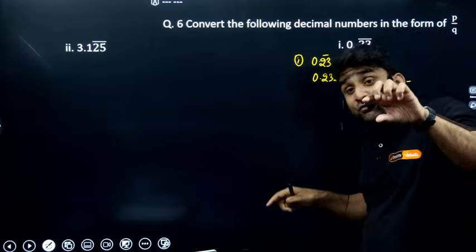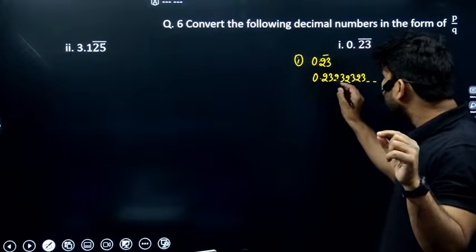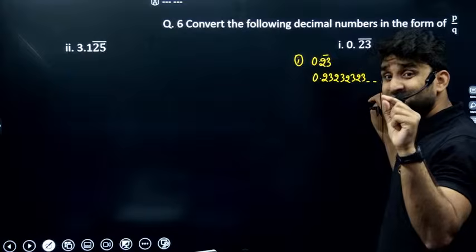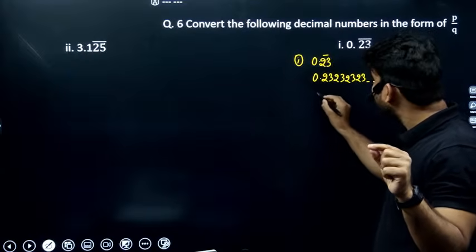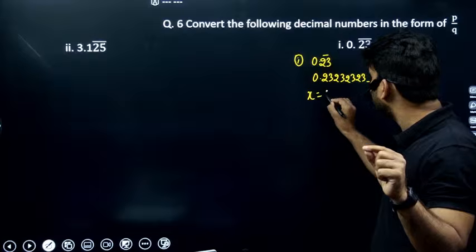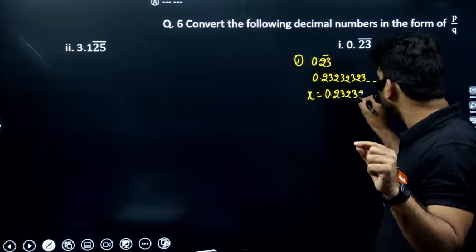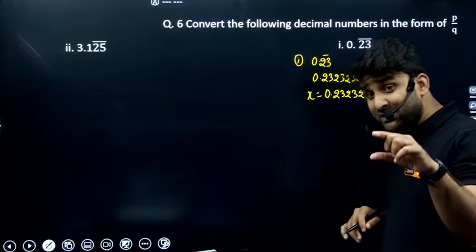Now how to convert it into P by Q form? Listen everyone, please focus. To convert any repeating decimal, always assume the number as x. So x is equal to 0.232323 and so on.